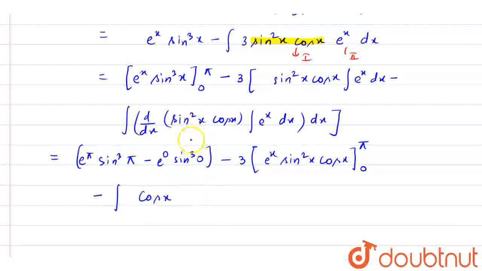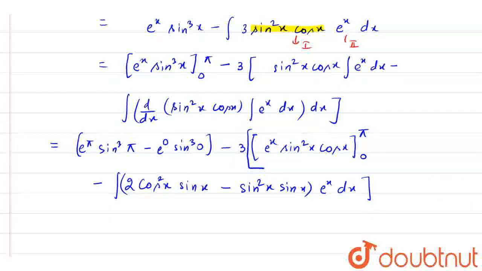Cos x is as it is, differentiation of sin square x is 2 sin x, so we get 2 sin x cos square x, and when we differentiate cos x, sin square x times the differentiation of cos x, which is minus sin x, this whole multiplied by e to the power x dx, and bracket close, double bracket close.